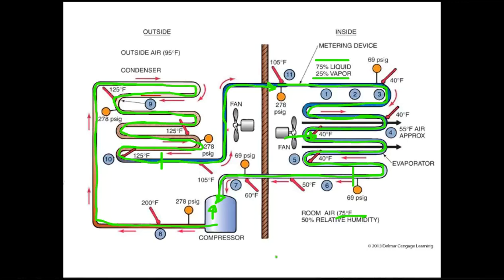That's the basic refrigeration process. Now, if you're one of my students in the HVAC class, we're going to go through this again using a TXV. We'll talk about overcharged and undercharged systems and how that affects the refrigeration cycle and system performance as well.